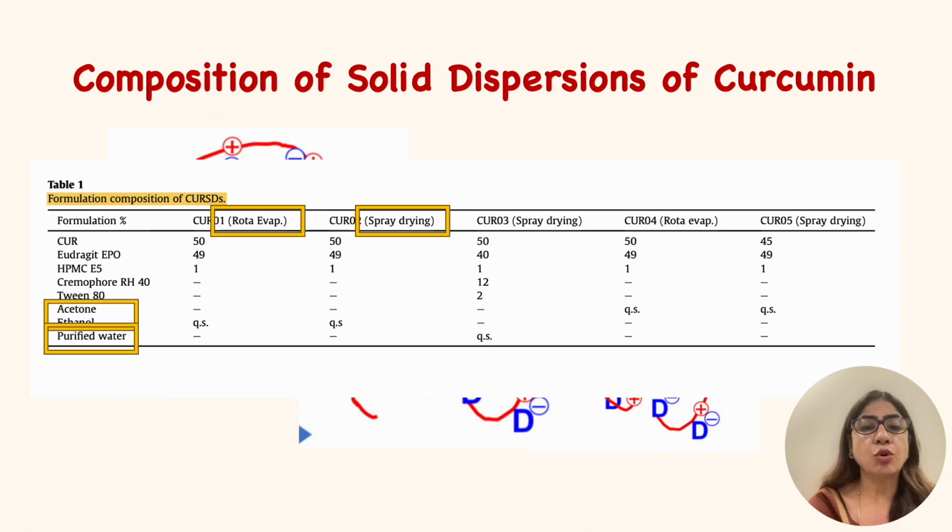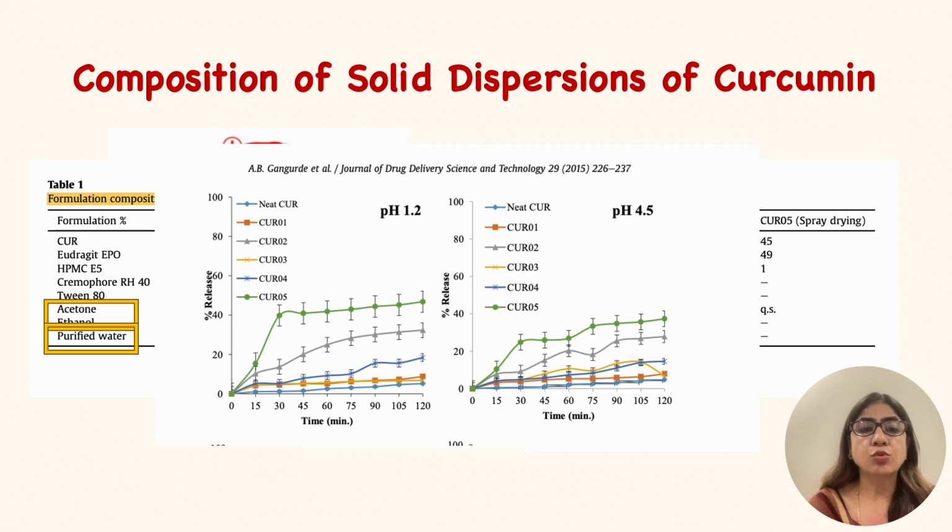They tried both organic solvents and water for this purpose. Then they used molecular modeling studies, meaning docking and molecular dynamics simulations, to understand the mechanism of binding between drug and polymer. That means they are using the in silico tools after they have demonstrated that there is an enhancement in solubility and dissolution.